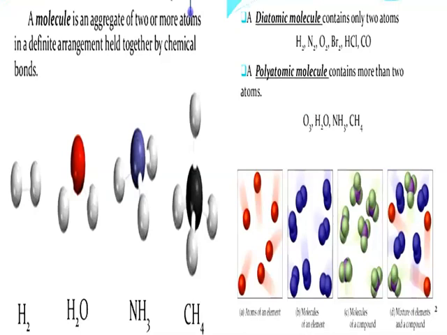A diatomic molecule contains only two atoms, such as hydrogen gas, nitrogen gas, oxygen gas, bromine, hydrogen chloride, and carbon monoxide, whereas a polyatomic molecule contains more than two atoms, such as ozone gas, water molecule, ammonia gas, and methane gas.